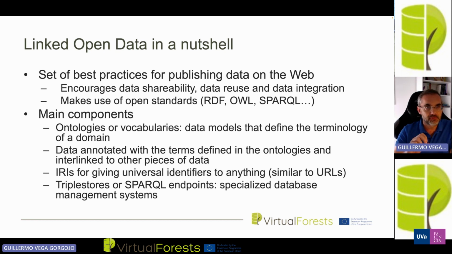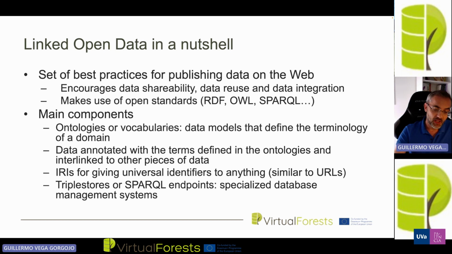So the main bricks of linked open data are the following. We have ontologies, which are essentially data models for defining the terms of a specific domain, like the forestry domain. Then you have data that needs to be annotated with the terms defined in the ontologies, and then can be interlinked to other pieces of data published by other people in other datasets.